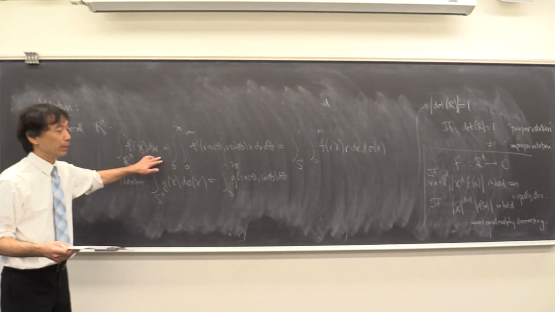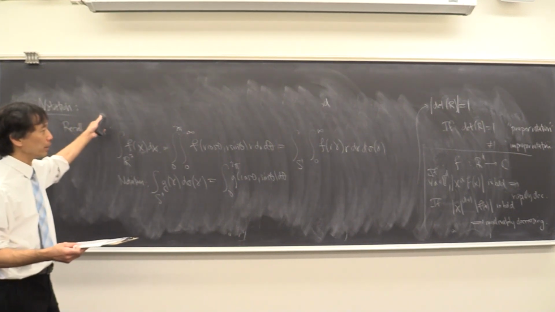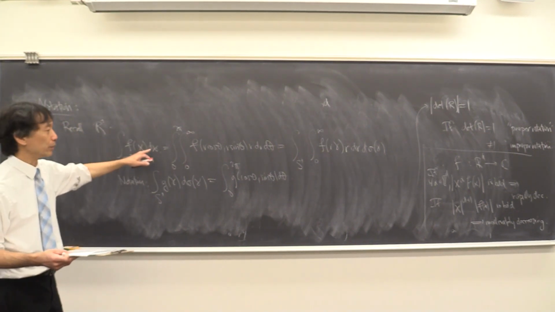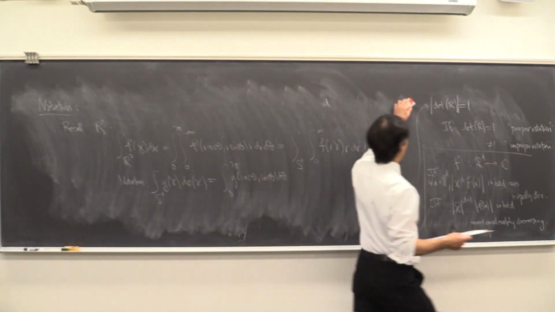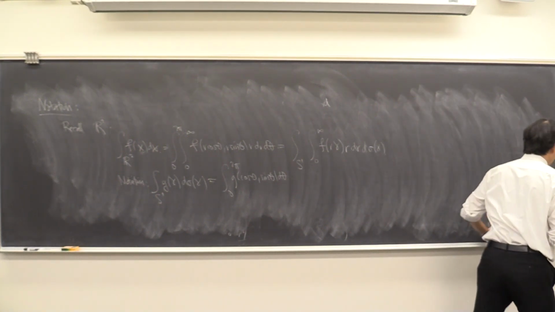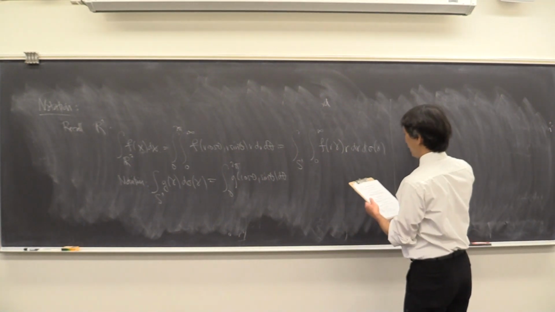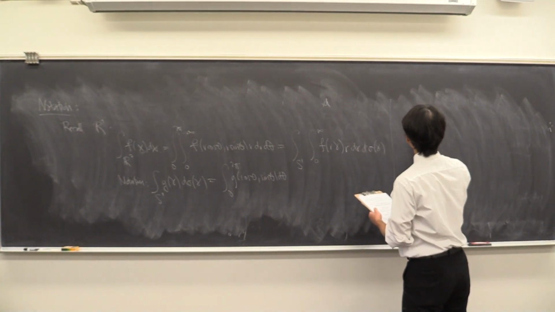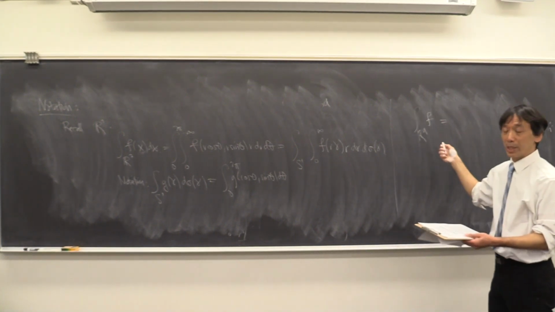And you do something similar in higher dimensions. So in R^3 you've got spherical integration. You use a similar change of notation. And in general, you have this polar integration over space.